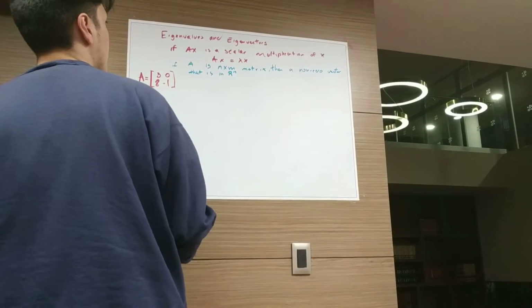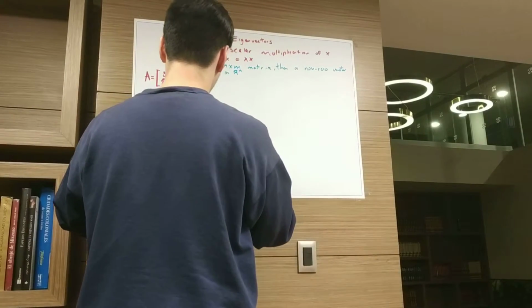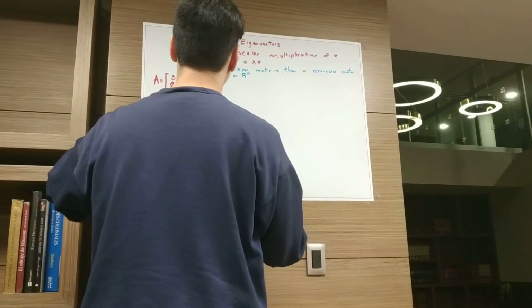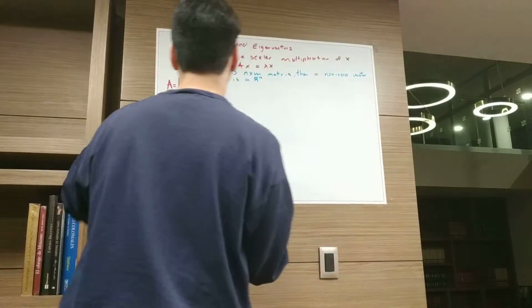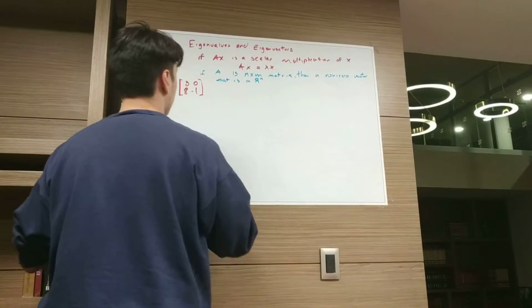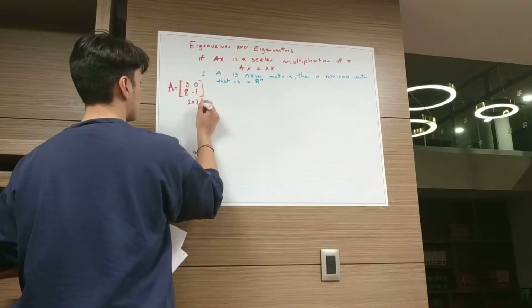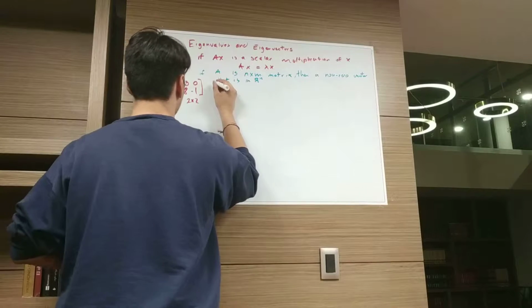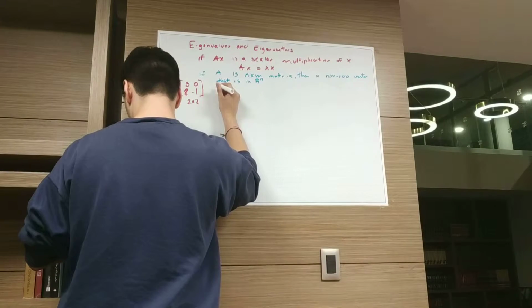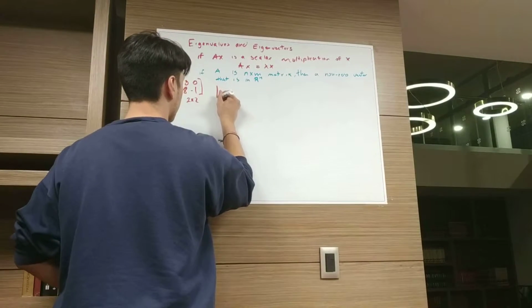If we want to make an eigenvector, we can see that it needs to be a non-zero vector of the same n, so it's 2 times 2, so we make a vector of size 2. So a vector could be 1 and 2, for example.